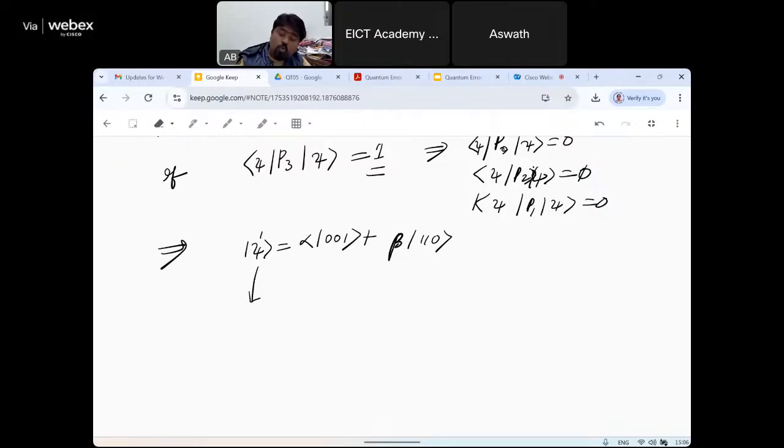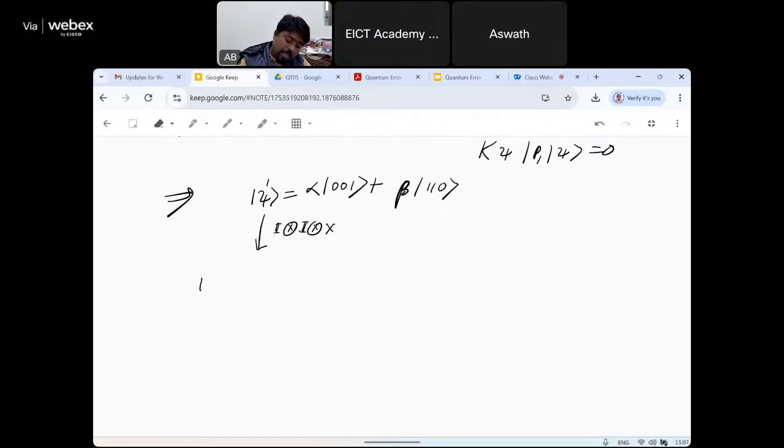If I send that through a gate constructed out of identity and an X gate, that is, I take psi prime, which is a combination of 3 qubits, and send that through I tensor I tensor X, the X gate acts on the last qubit and flips it back to psi as it is.